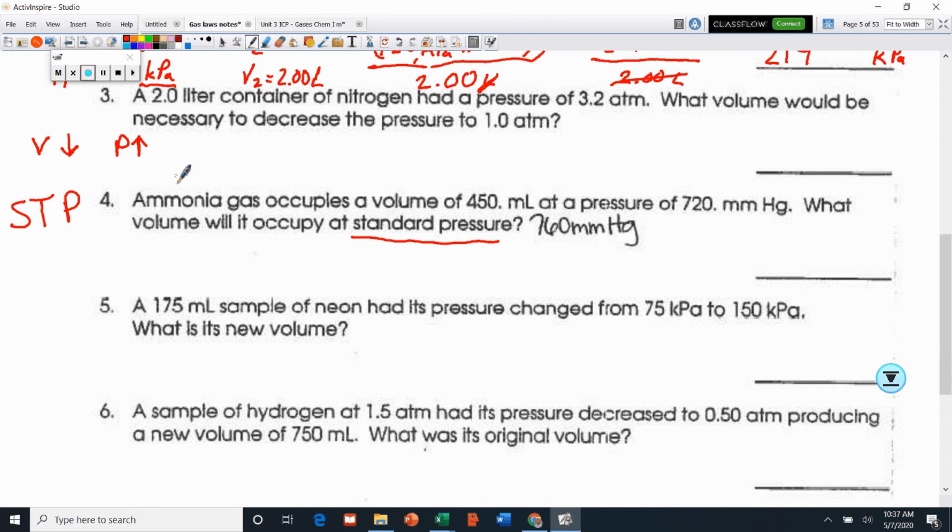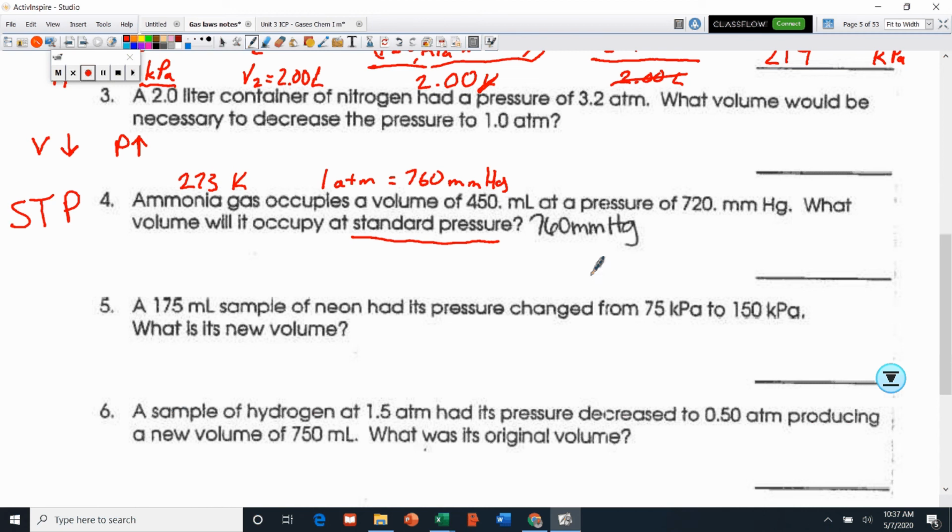Standard temperature is 273 Kelvin. Standard pressure is 1 atmosphere, which is equivalent to 760 mmHg. So standard pressure is 1 atmosphere, but that's equivalent to 760 millimeters mercury.